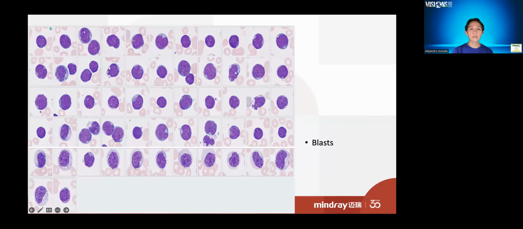Now, looking at the smear, take note that similar to the previous case, you again have an increase in the population of your mononuclear cells. And looking at the chromatin pattern, they have this immaturity to the nucleus, wherein the chromatin is fine, reticulated, and blastic.